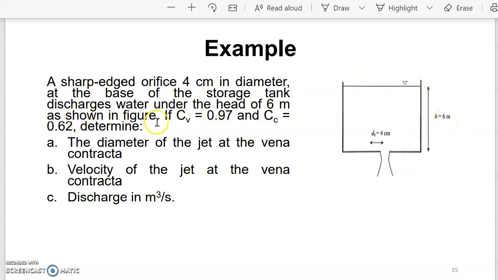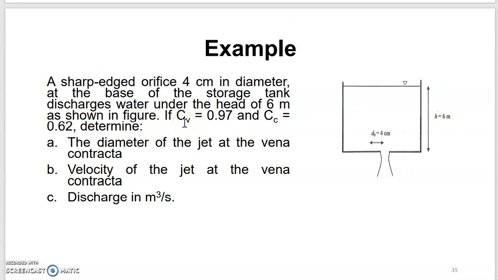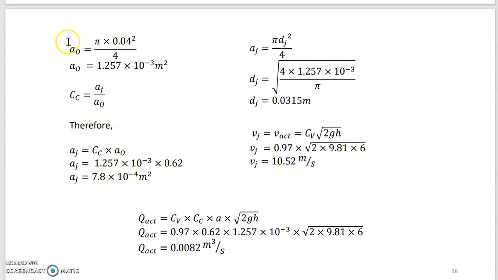The coefficient of velocity is 0.97, and the coefficient of contraction is 0.62. Determine the diameter of the jet at the vena contracta. So how to solve this?